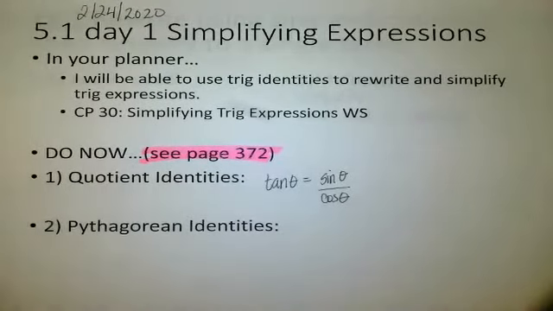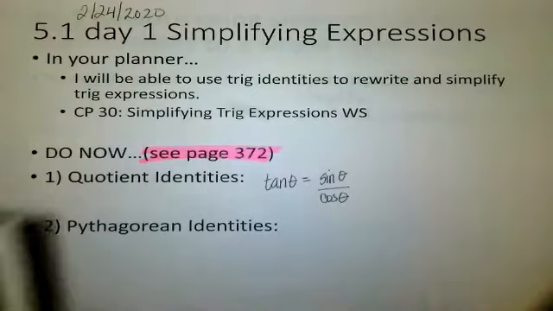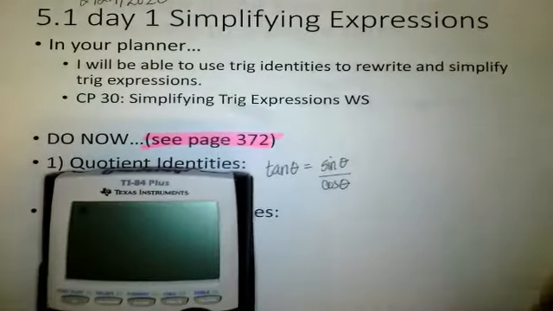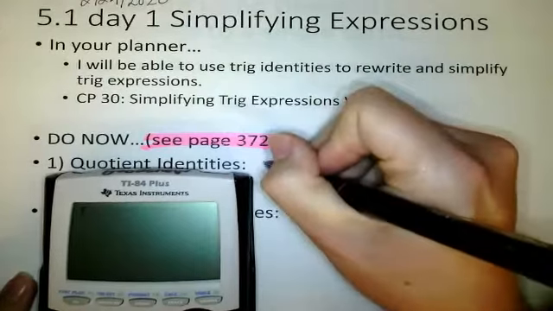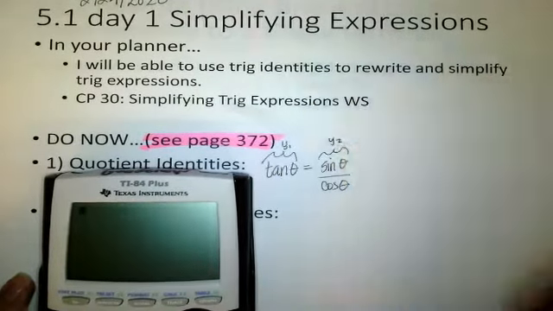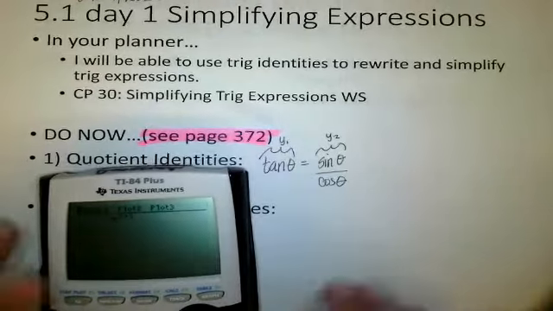The important thing here is that these two things are identical, which means they are graphically identical. So one way to tell if two things are equal is to graph it.